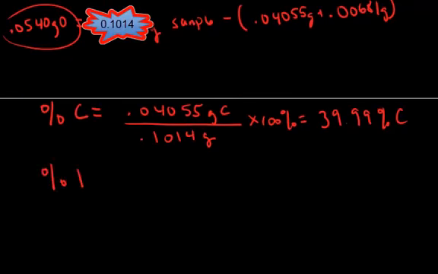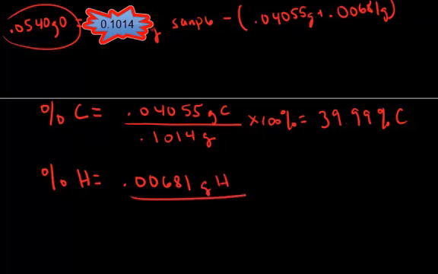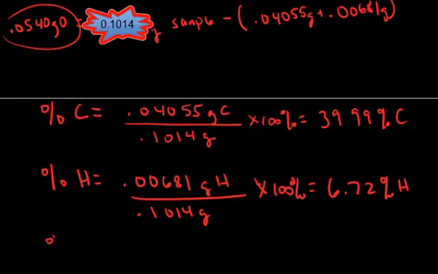Okay, do the same thing for the hydrogen. The percent of hydrogen in the sample is 0.00681 grams of hydrogen divided by the total sample, 0.1014 grams, times 100%, and that equals 6.72% hydrogen. Do the same thing for the oxygen.